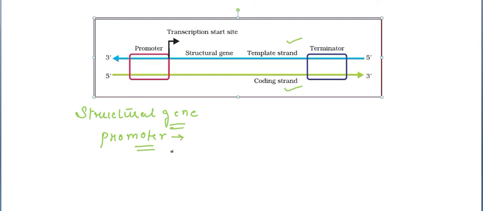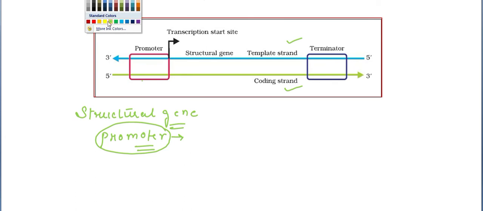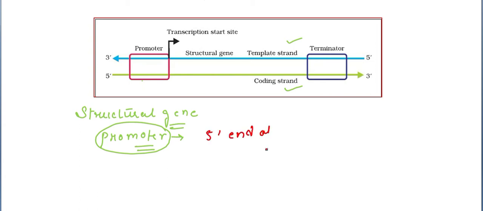What I am trying to say here is that the promoter region is located towards the 5' end of the coding strand. Always remember, it is located towards the 5' end of the coding strand.